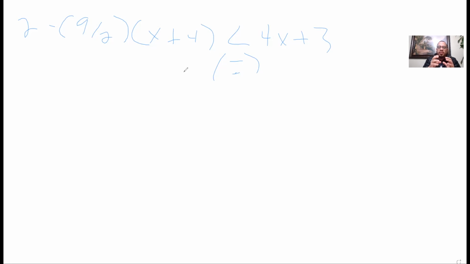So we're going to treat the less than sign as an equal sign. Now, unless we divide or multiply by a negative, that sign is going to change. That's the only big difference that we see when we're using a greater than or less than. Okay, so let's go ahead and work on this.